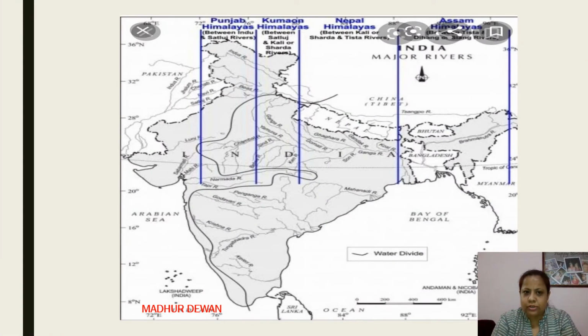Through this image, on the map it is very much clear. First are the Punjab Himalayas, then Kumayu, then Nepal and Assam. So this division is between the rivers.